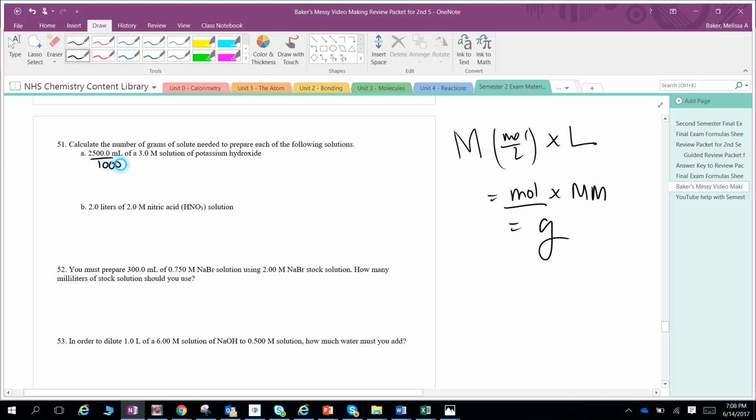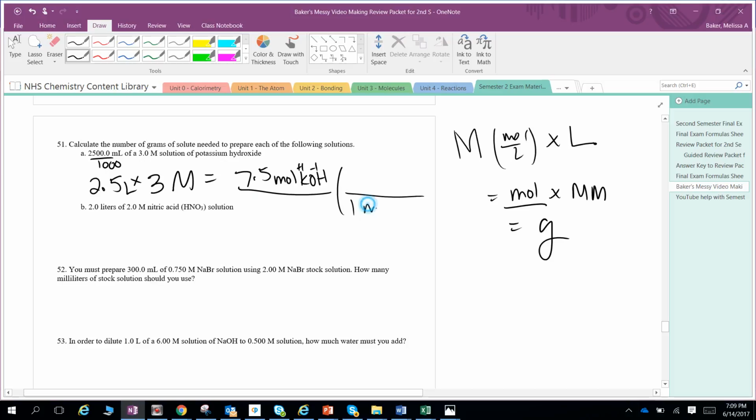And for this first one, I'm going to divide the milliliters by 1,000 to get it into liters. 2.5 liters times 3 moles per liter, I need 7.5 moles of KOH, potassium hydroxide, and those charges cancel out.